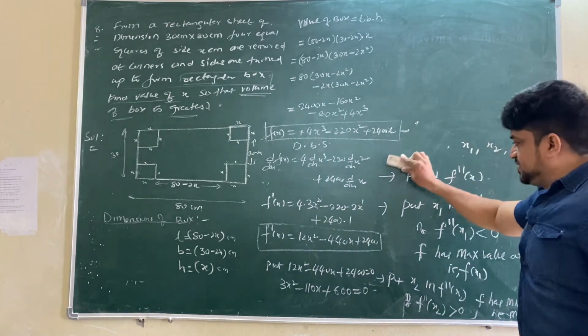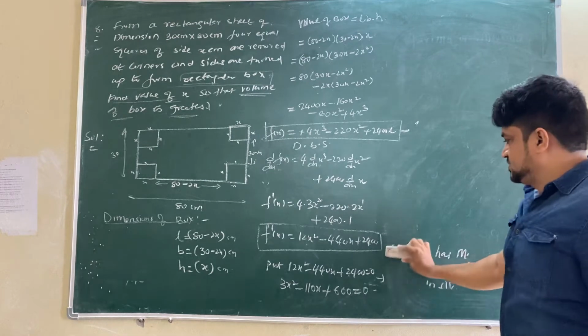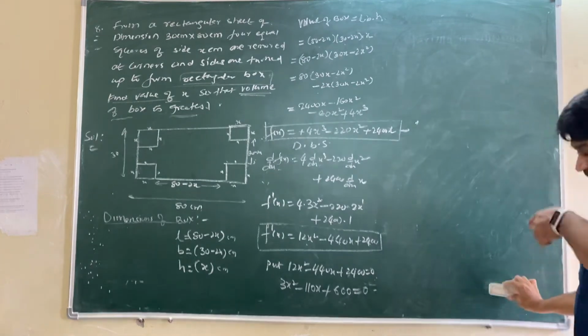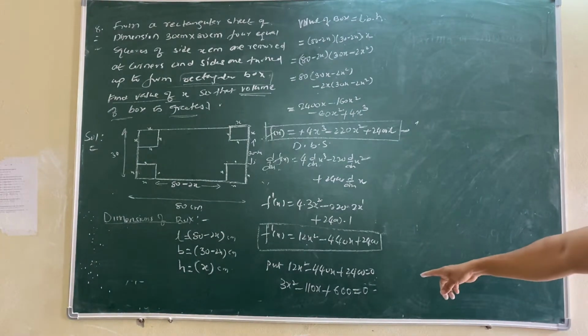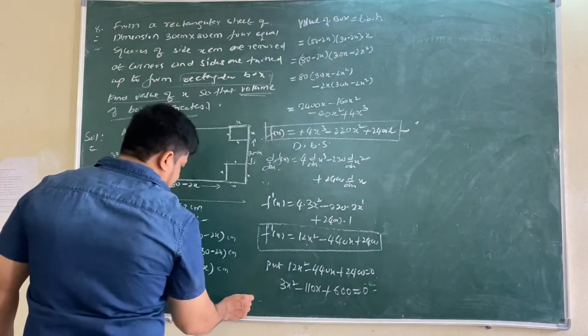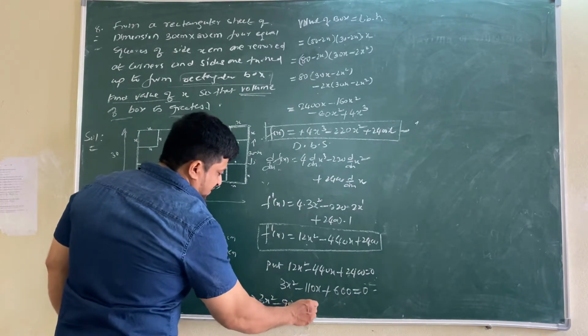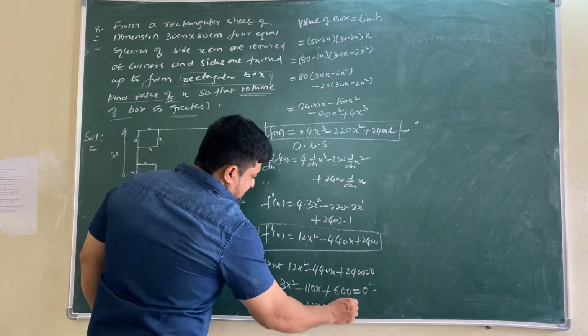Those who have not copied can follow the video and copy afterwards. Once we got this, the factors are 3x square minus 90x minus 20x plus 600.